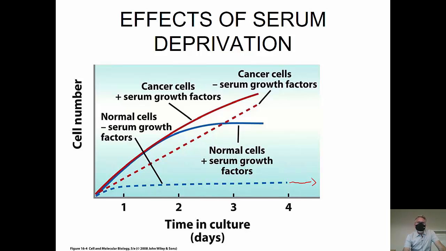When you add serum in, though, we see that they do grow, and they grow to some limit, and of course this is once they've formed a monolayer. We know that they stop. In contrast, when we look at the malignant or transformed cells, they grow with or without the serum.